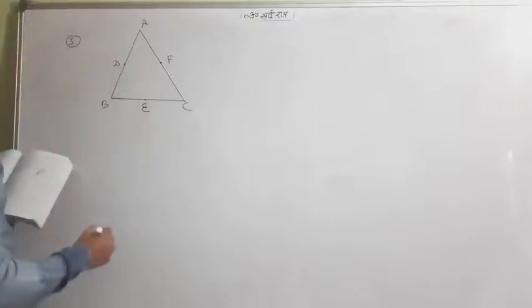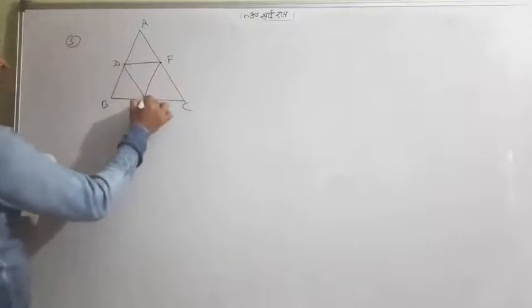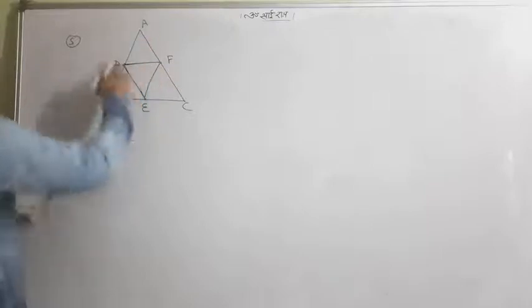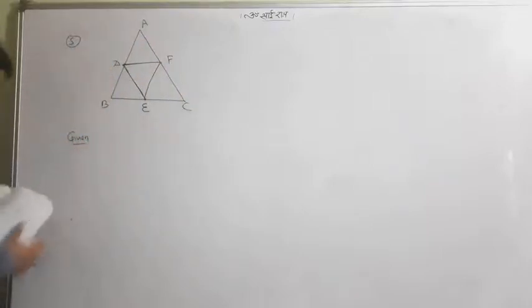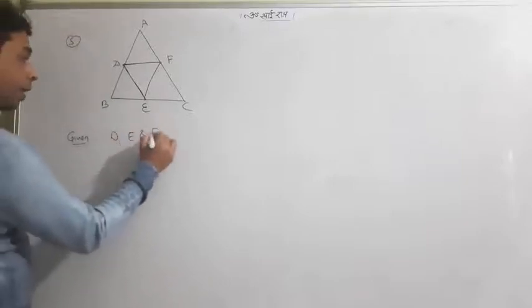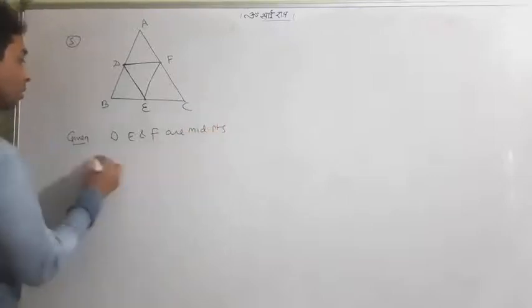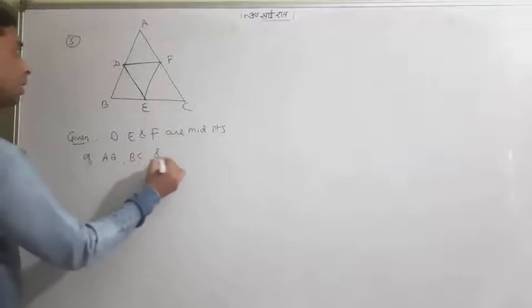Find the ratio of the area of triangle DEF, this triangle, and the whole triangle. So what is given? D, E and F are midpoints of AB, BC and AC.